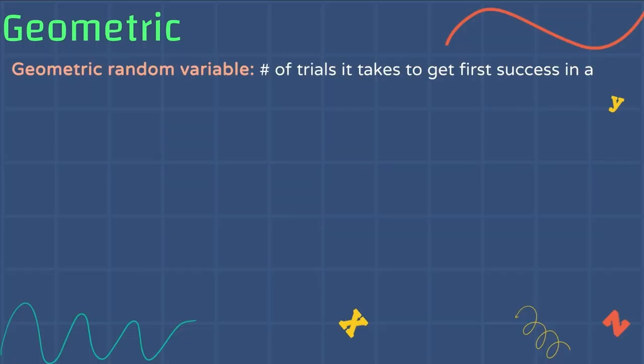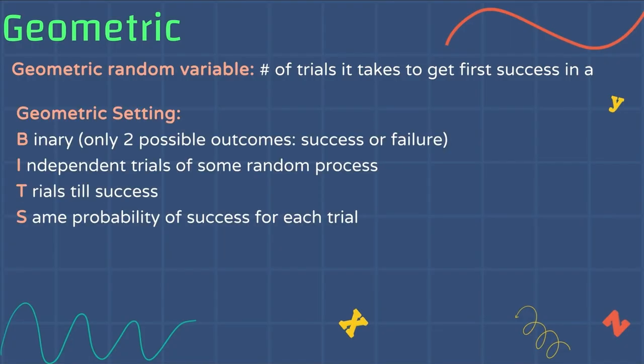Geometric. A geometric random variable is the number of trials it takes to get the first success. So, geometric setting. The other one was BINS, and now geometric is BITS. B stands for binary. It only has 2 possible outcomes, success or failure. So it still has to be binary.